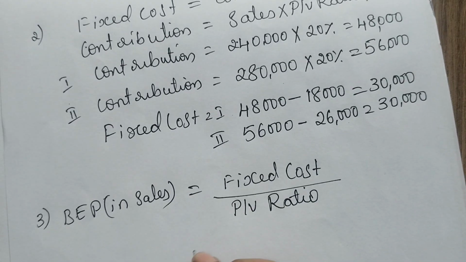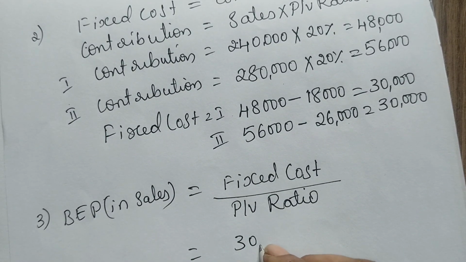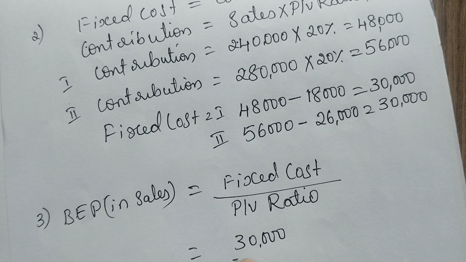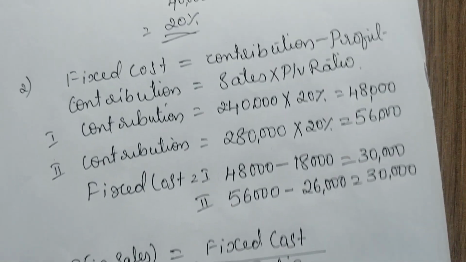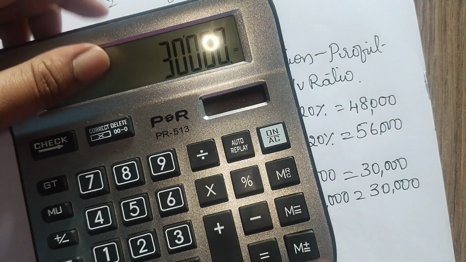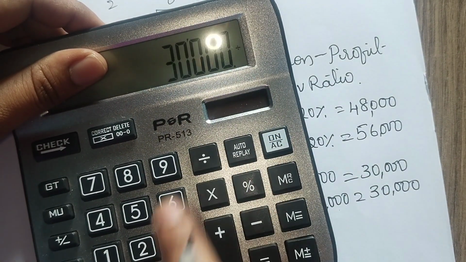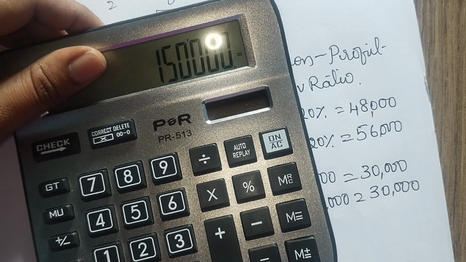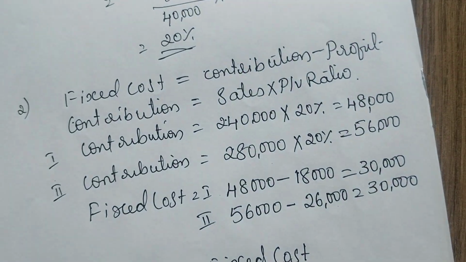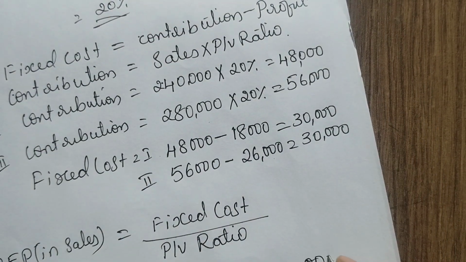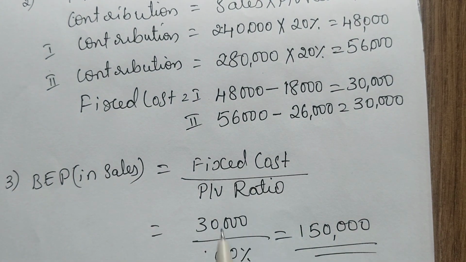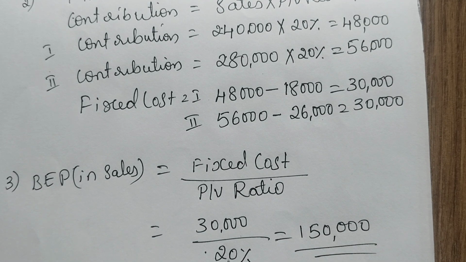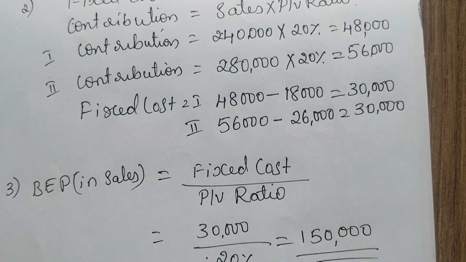We know fixed cost is 30,000 divided by PV ratio 20%. So BEP in sales is 30,000 divided by 0.20, which is 1,50,000.